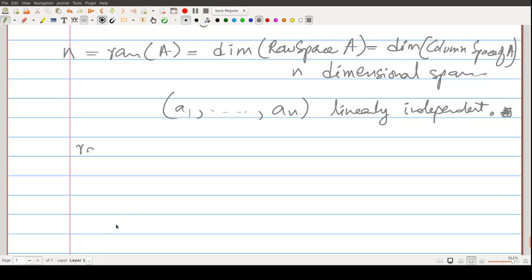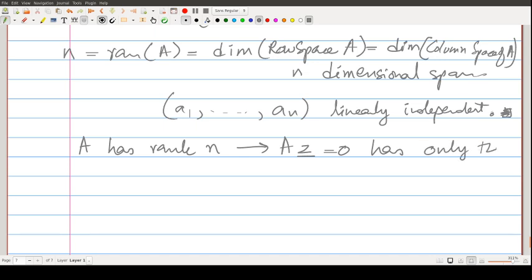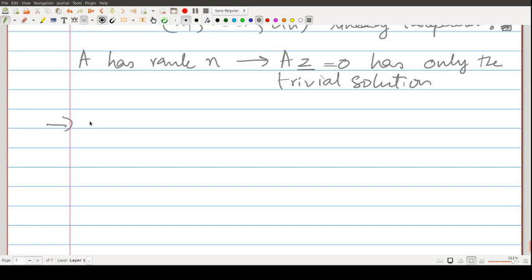When A has rank n, then Az equals 0 has only the trivial solution, which in turn guarantees that A transpose A z equals 0 also has only the trivial solution.